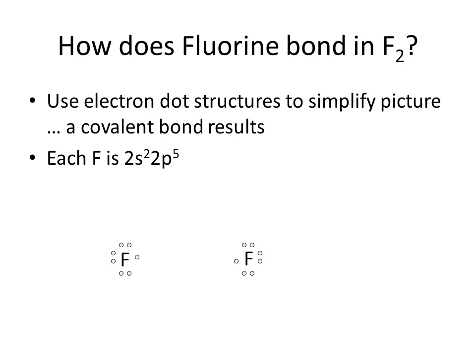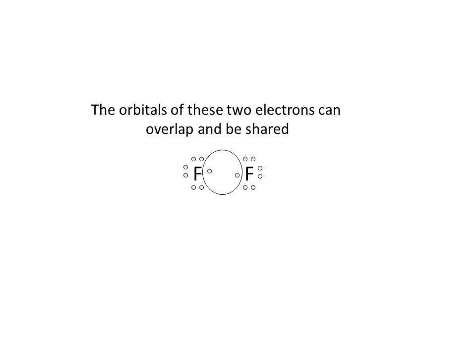Okay, so the Lewis dot structure of fluorine is shown here. It's s2p5, so it has 7 electrons in its valence shell. If I bring these two fluorines with 7 electrons close to each other so that they can have sharing of electrons or orbital overlap, you can see that the fluorines can share these two unpaired electrons.